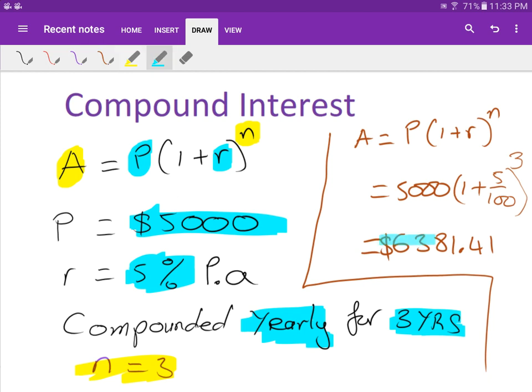Remember, that's not how much you earn in interest. To find the interest, you need to find the difference between $6,381.41 and the $5,000. The difference is $1,381.41. That is your interest.